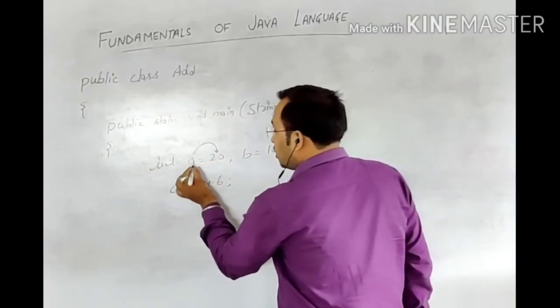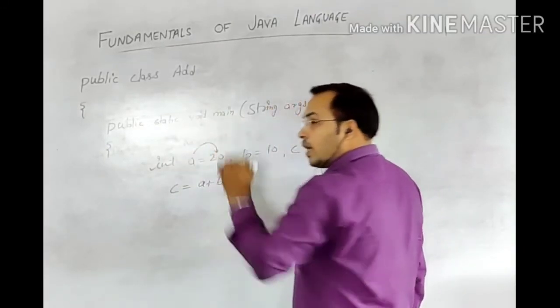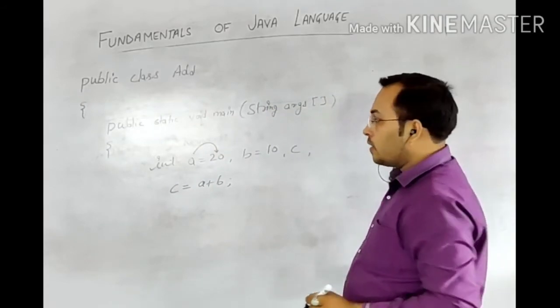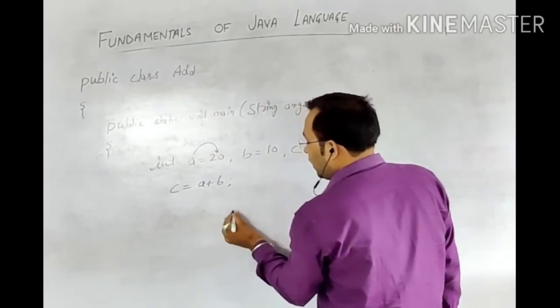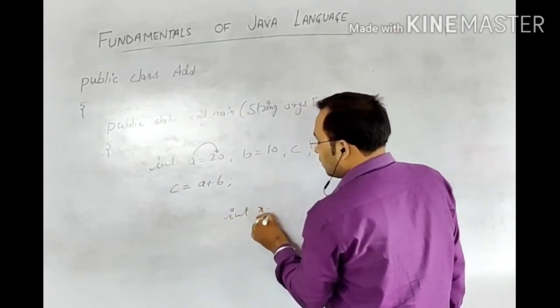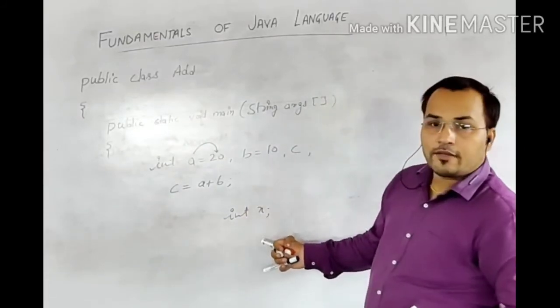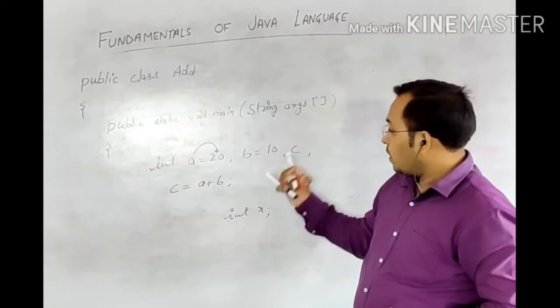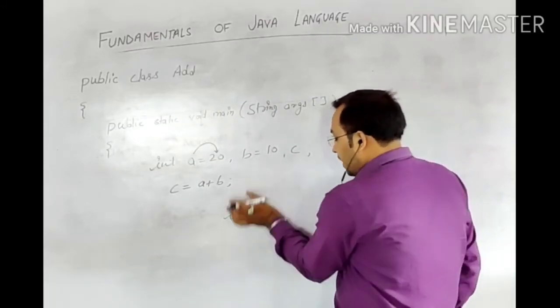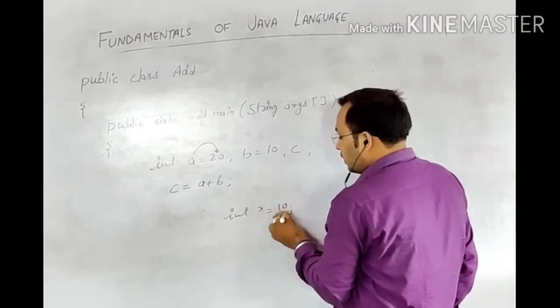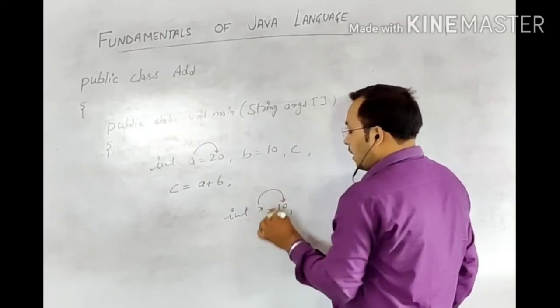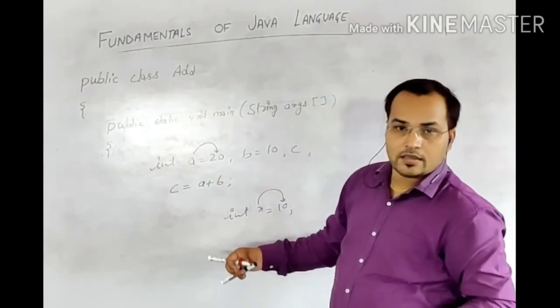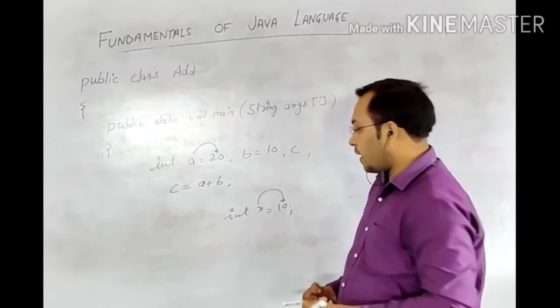Here, I am initializing a with 20. So simply if I say int x, that means I have declared x as an integer. But whenever I assign any value to it, that means I am initializing x or any variable with a value.